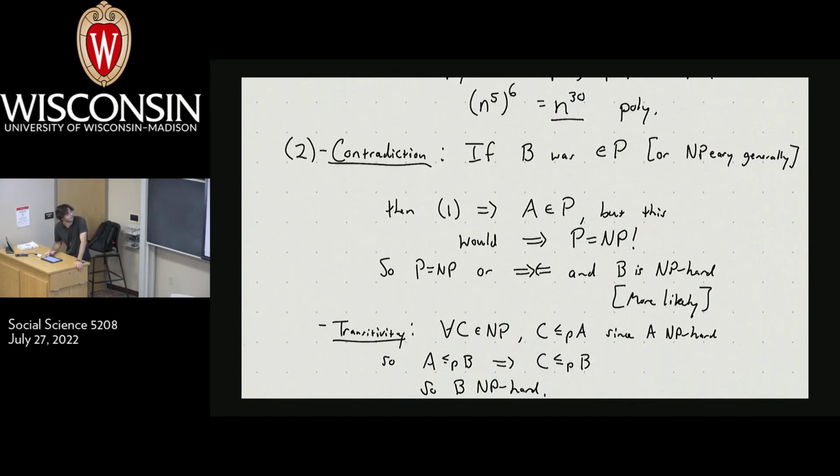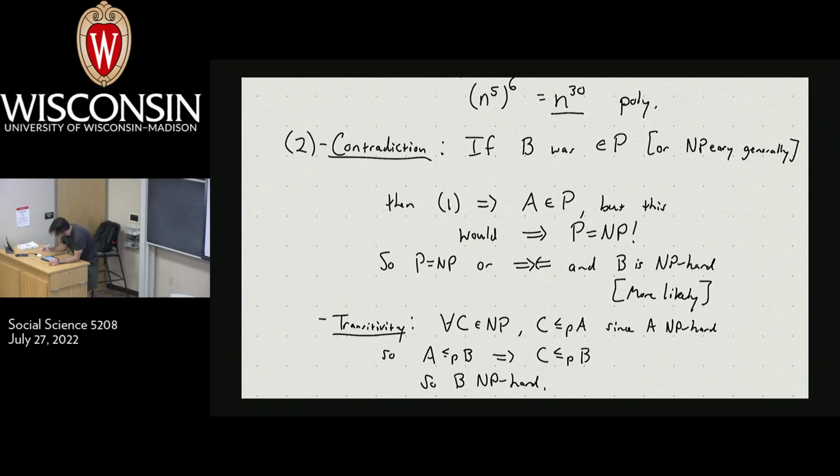So now what's the hard part? Intuitively, you could think of this first in terms of contradiction. So if B was in P, or if it's anything that's not NP-hard, so let's call it NP-easy, so if we could solve B, then part 1 implies that we could solve A. But this contradicts the fact that A was hard to solve.